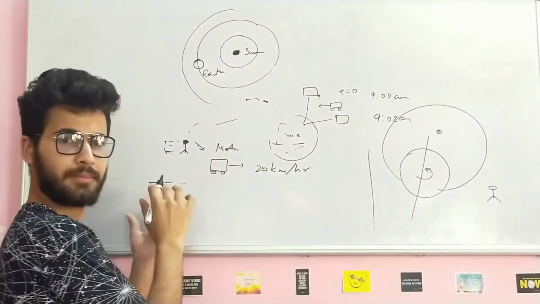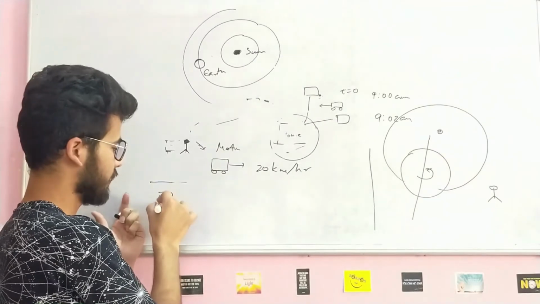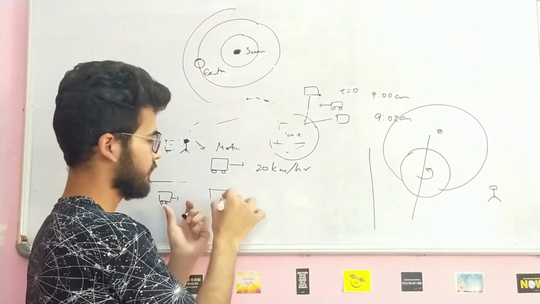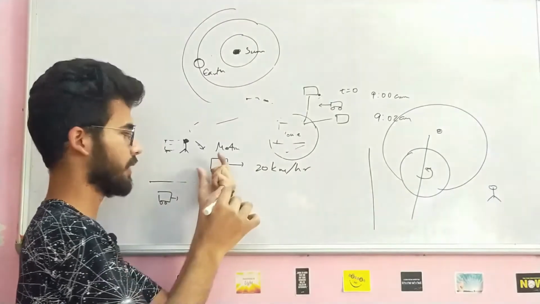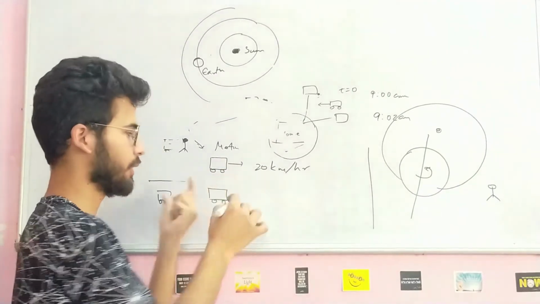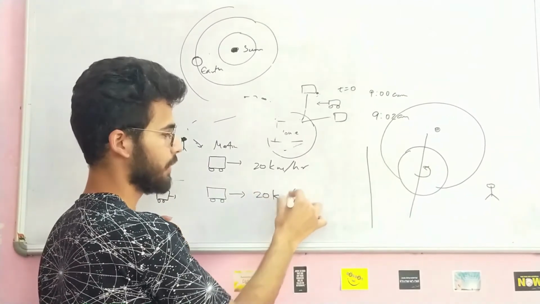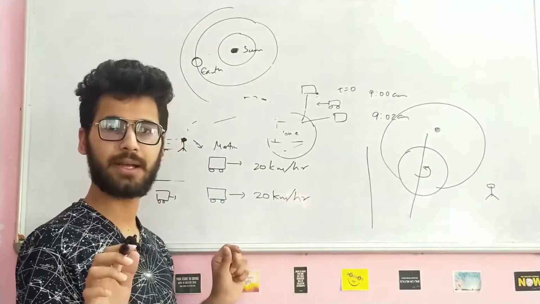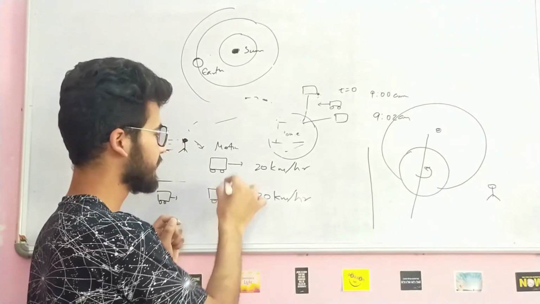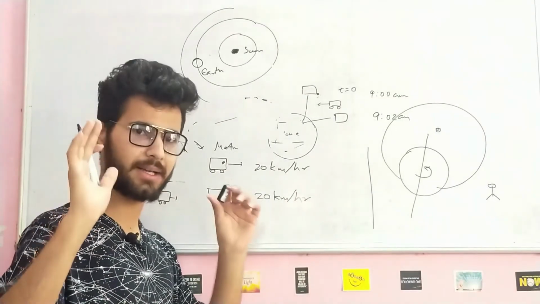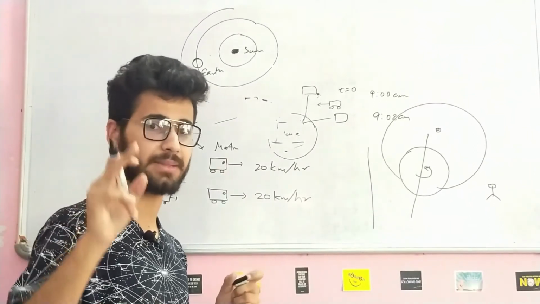Now I come with my own car just in front of this car, we are on the same side and going in the same direction, and we are both at 20 km/h. Now we know logically that we are in motion, but I said perception.